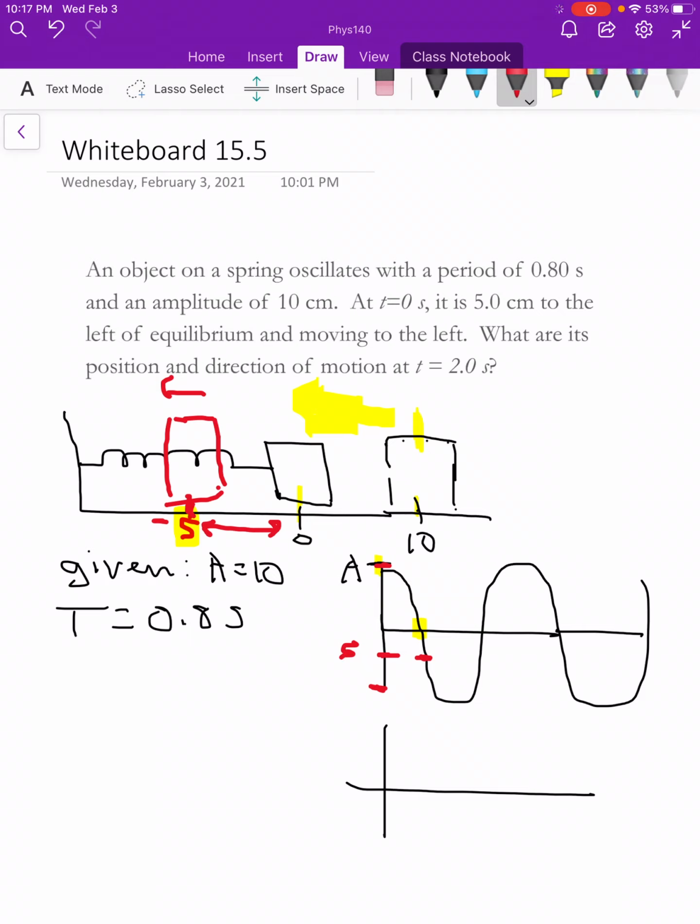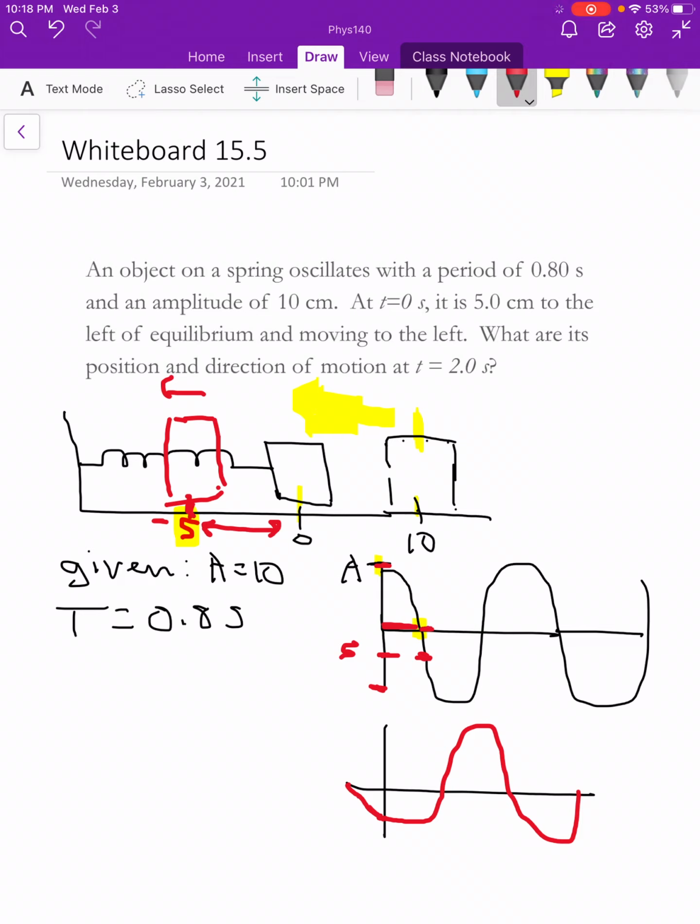So this spot is the same as that spot. Okay, well, if I think about what is the phase constant, from here to here is pi over 2, and then I have a little bit more. And how do I figure that out?